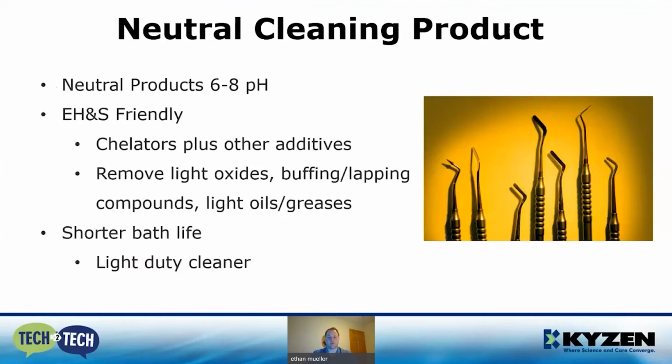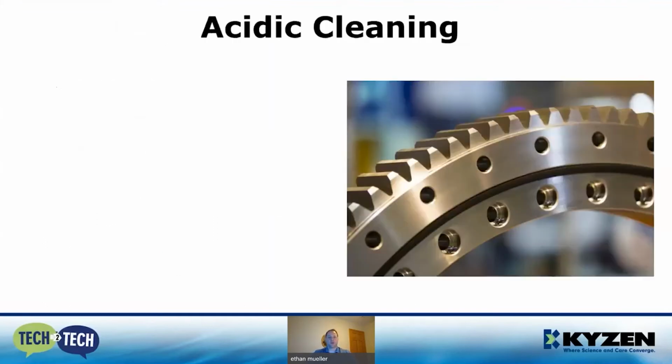So they're really not for somebody who has a high throughput on their manufacturing line or is removing a lot of oil and a lot of grease. This is really a light duty cleaner that is more geared towards being EH&S friendly. So getting into the acidic side of the spectrum, these are the products that tend to fall in the pH range of 1 to 4.